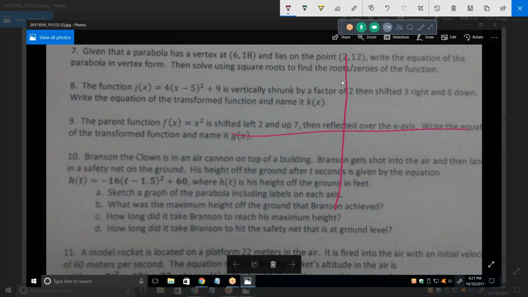It's going to be time. Time is always going to be your horizontal label. And in this case, it's in seconds. What's the vertical axis going to be? Height. Yeah, h of t, which in this case is height.